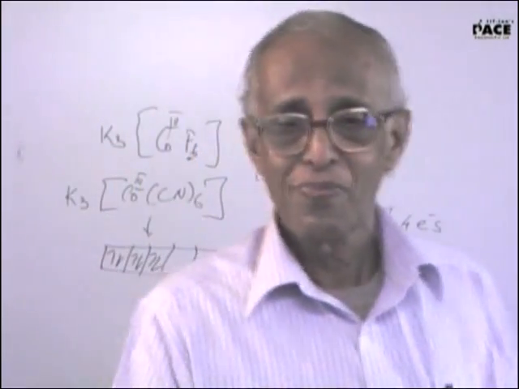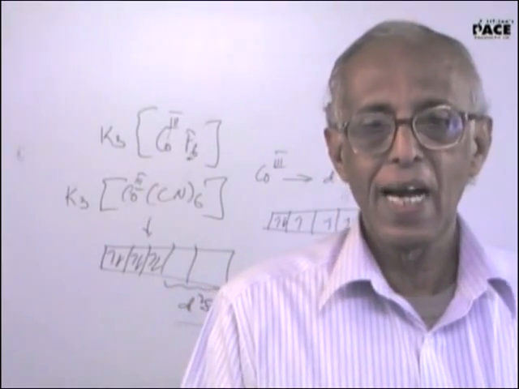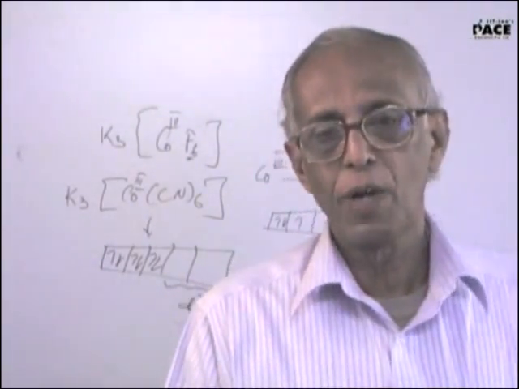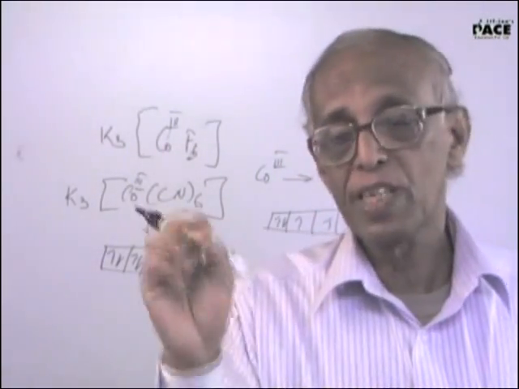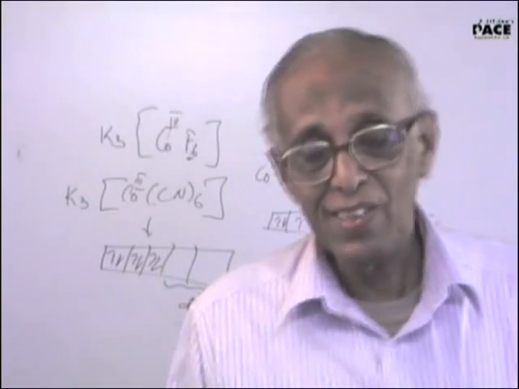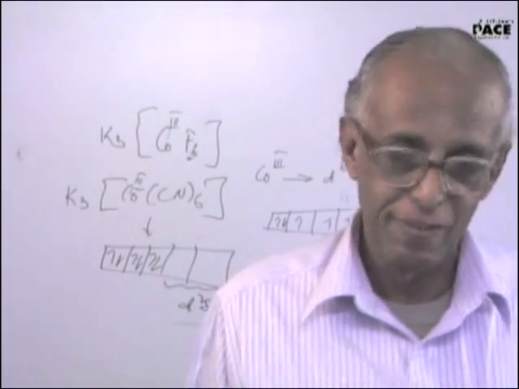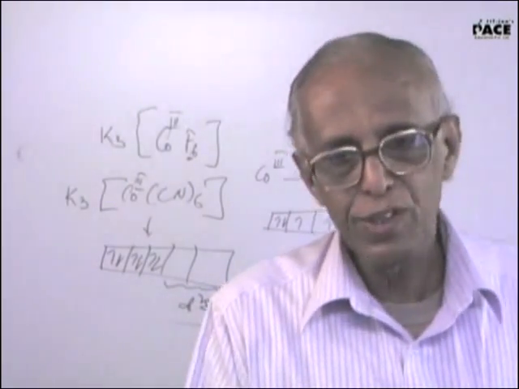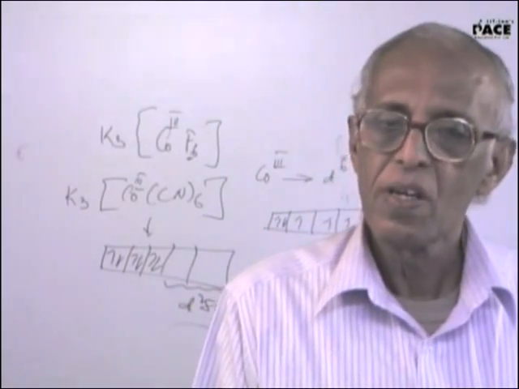Everything will come. Ambidentate ligands are the ligands which have more than one donor atom in a molecule, but only one atom at a time forms a coordinate bond. That is the distinction between an ambidentate ligand and a bidentate ligand. All ligands do not function as ambidentate ligands.